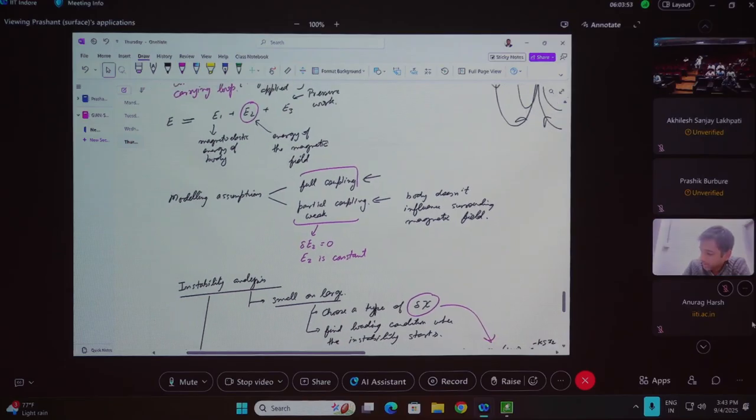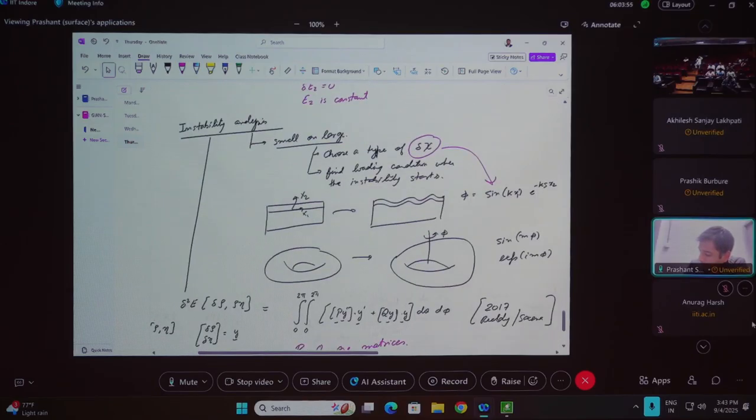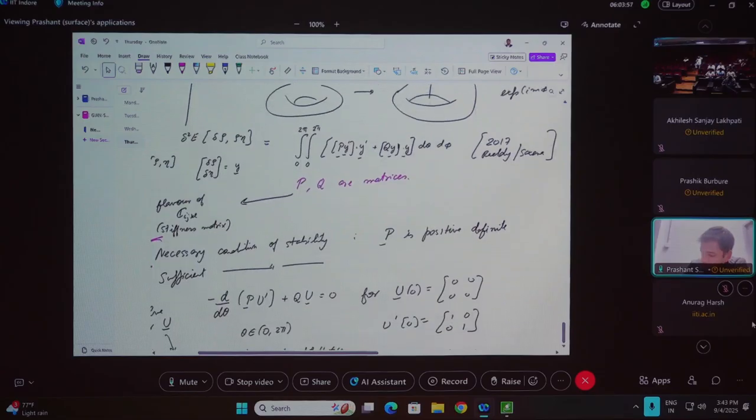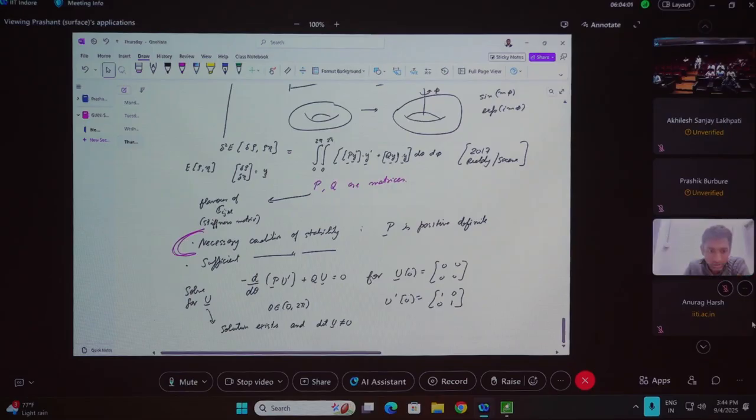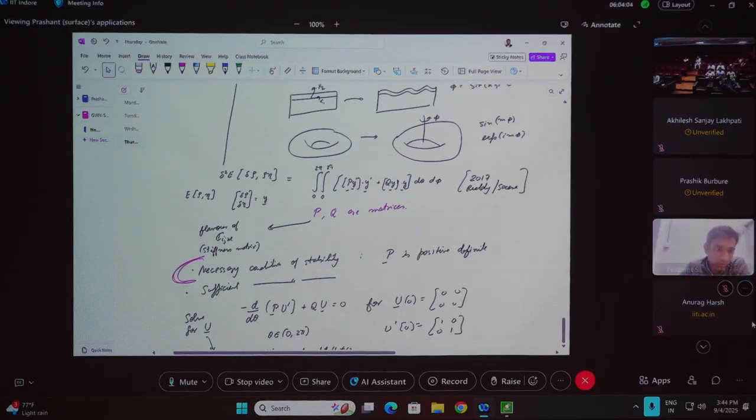Right. Okay, so this is where I would like to apply brakes for a couple of minutes and see if you have any questions before we move on to something different. Any question?